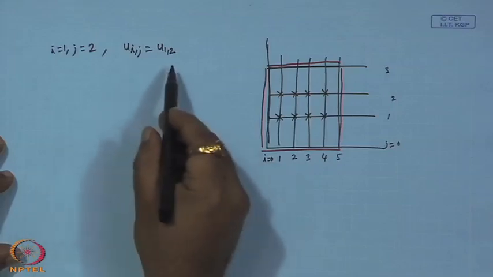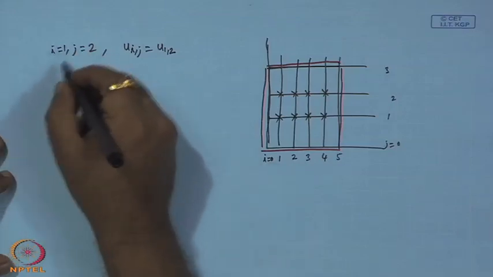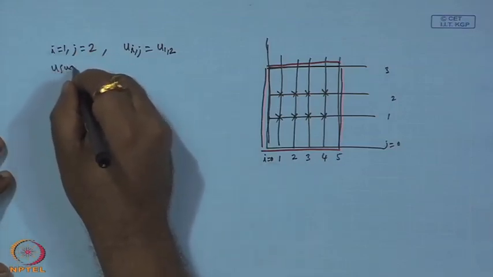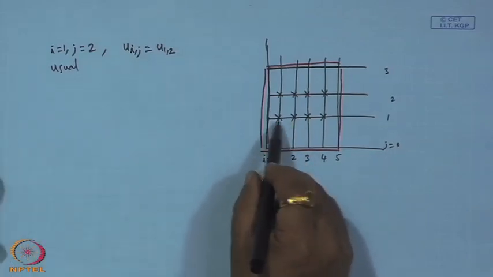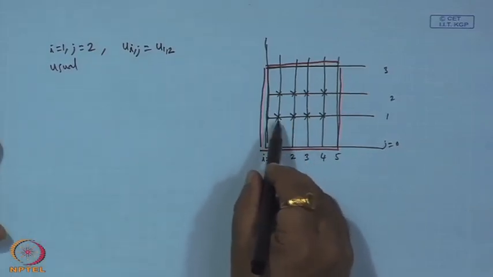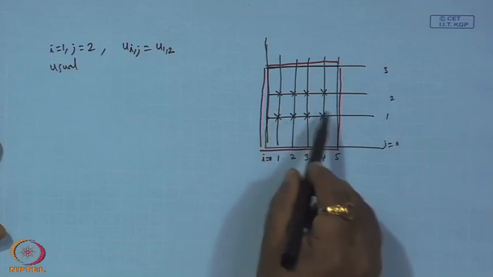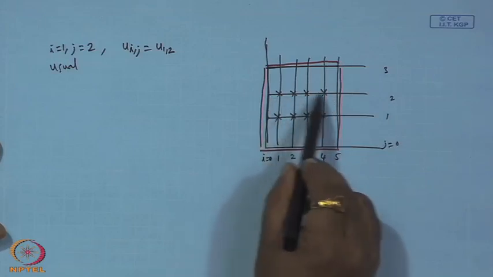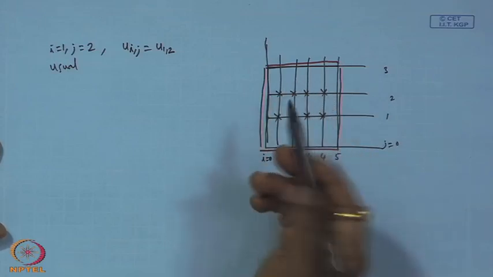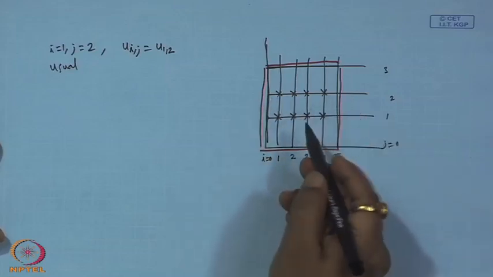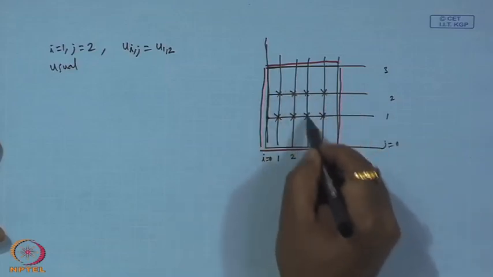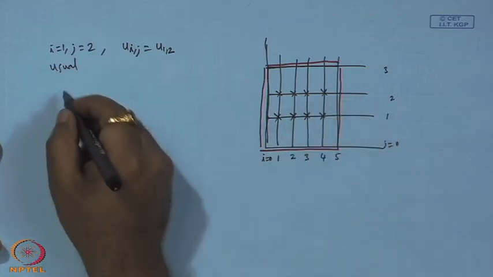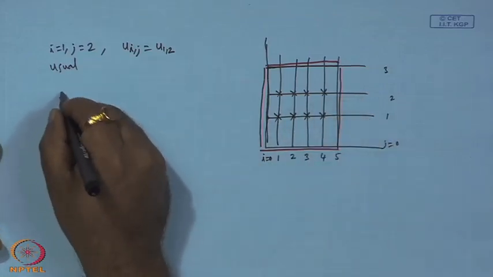This is our usual notation. But here we want a convenient method, maybe we count 1 2 3 4 5 6 like this. There are several possibilities; you can count like this, or like this.